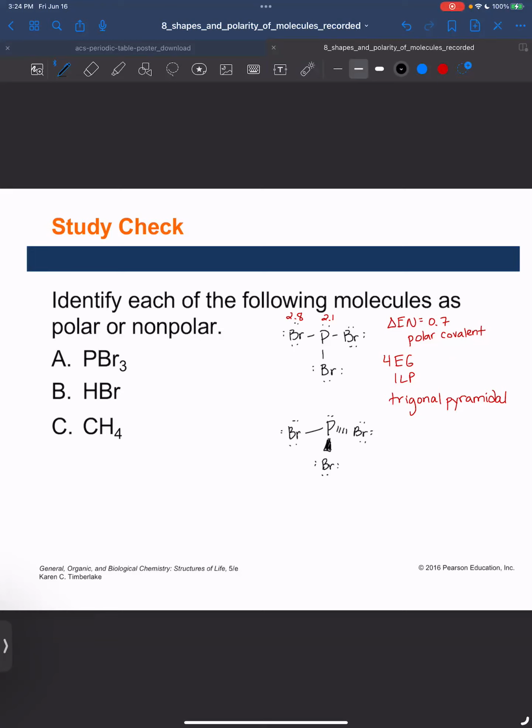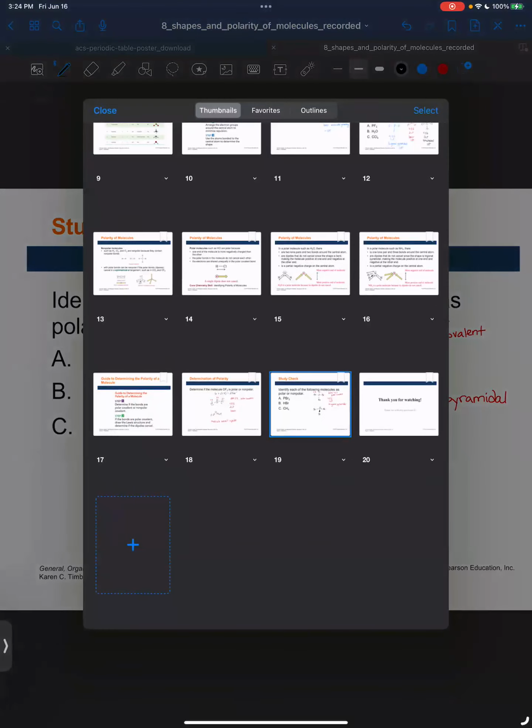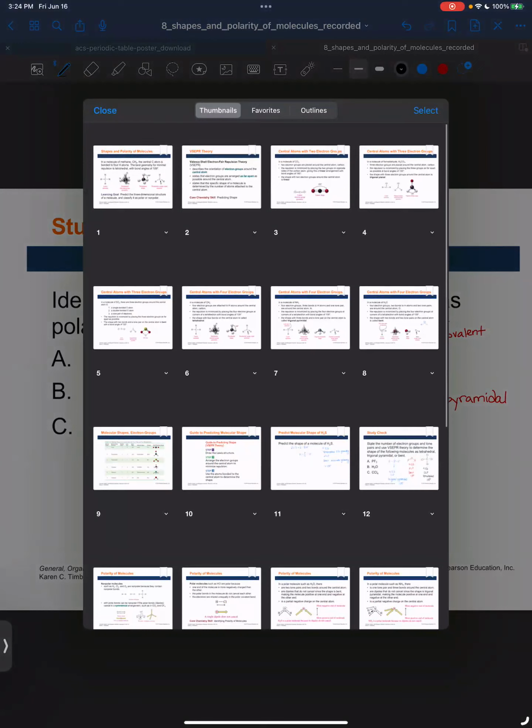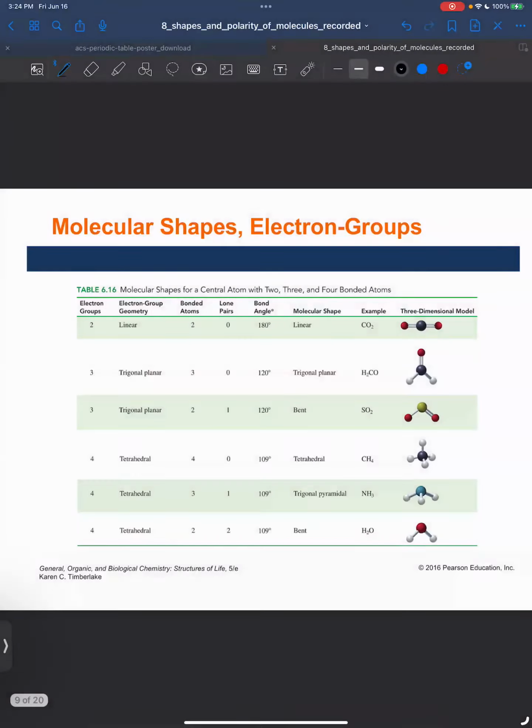And what I mean by mimicking earlier, let's go back and look at that table. As you can see here, this is trigonal pyramidal, and you can see one's in the plane, one's coming at you, and one's going into the paper.